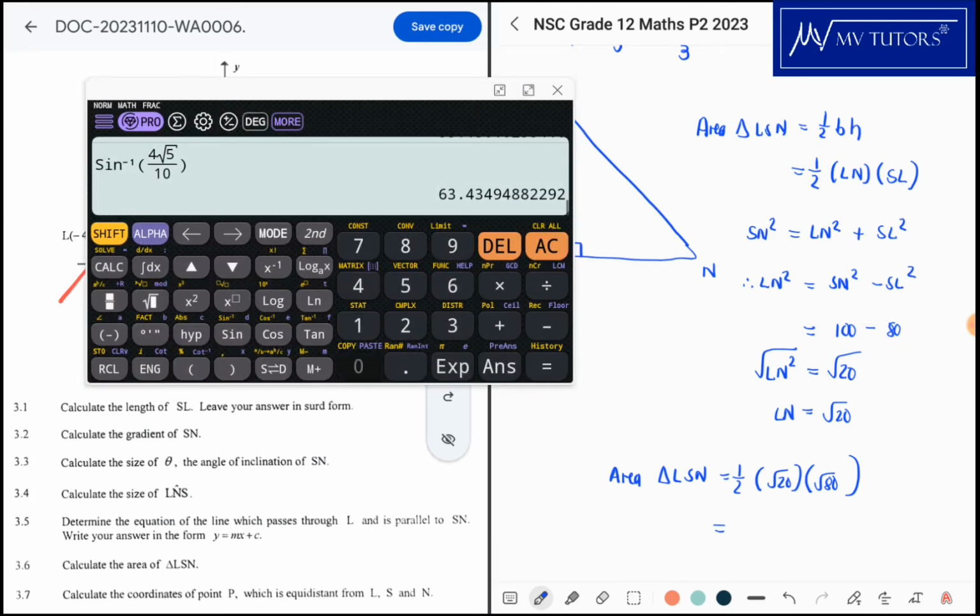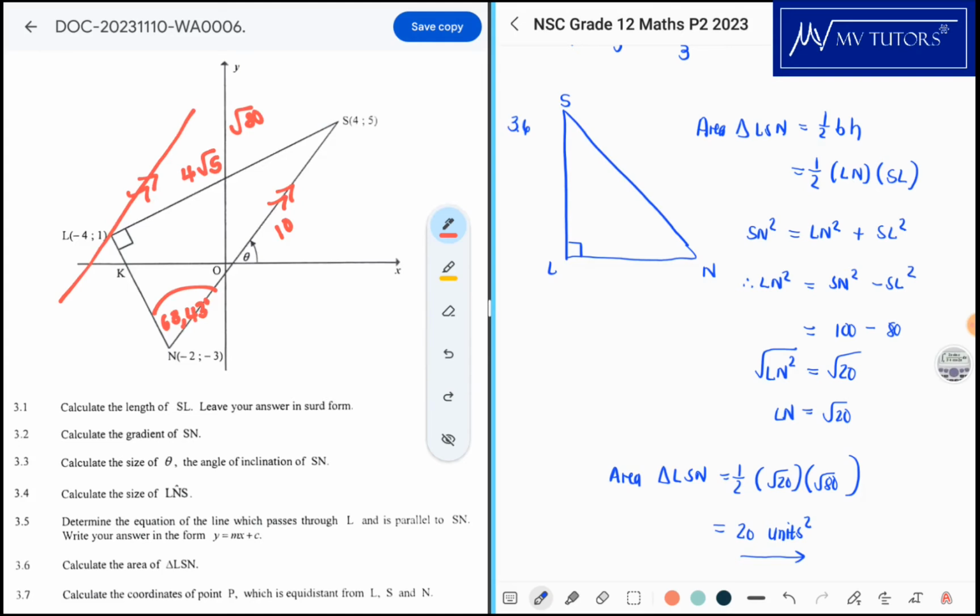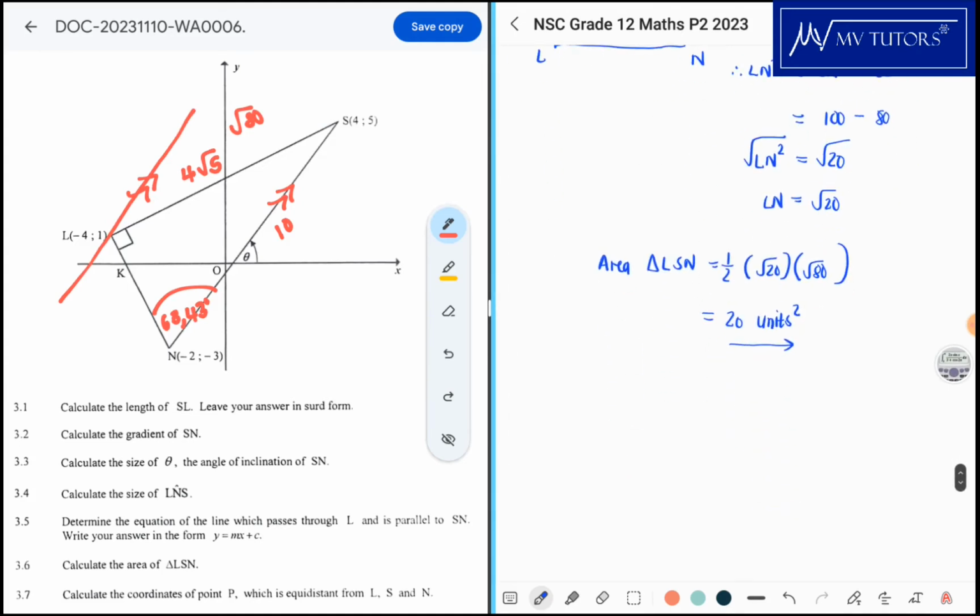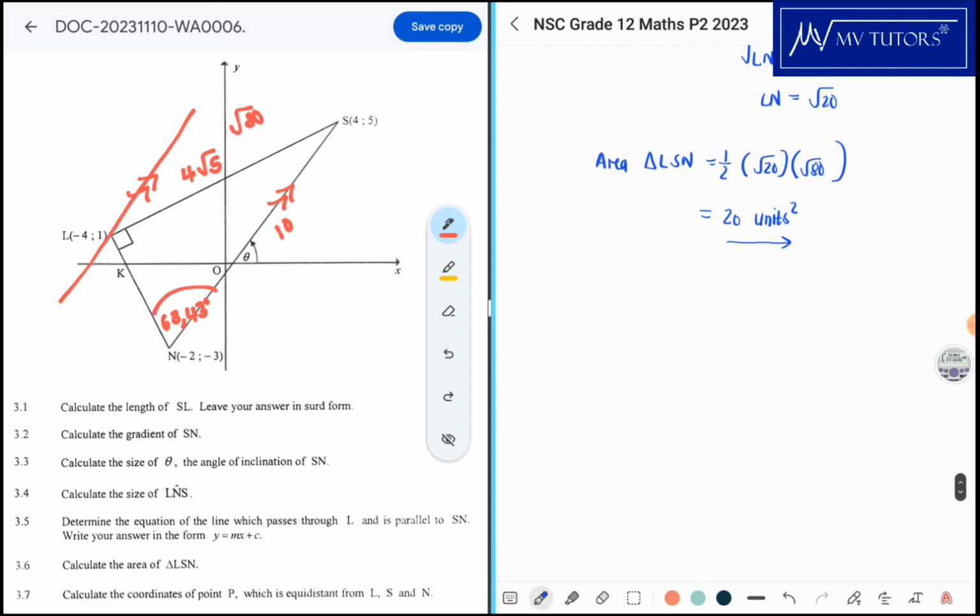Okay, so let's go calculate. So we have 0.5 times root 20 times root 80. So we get 20 units squared, however way you put it. Okay, so far so good, right?